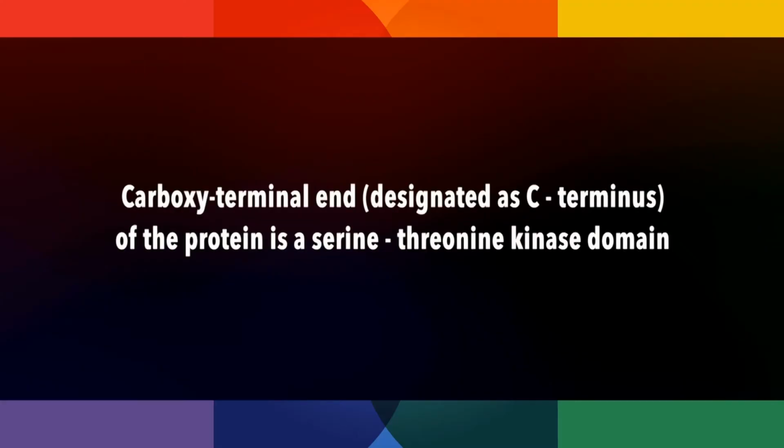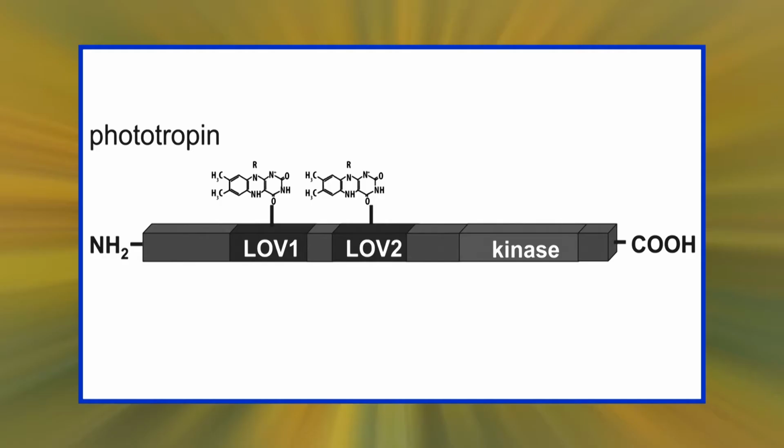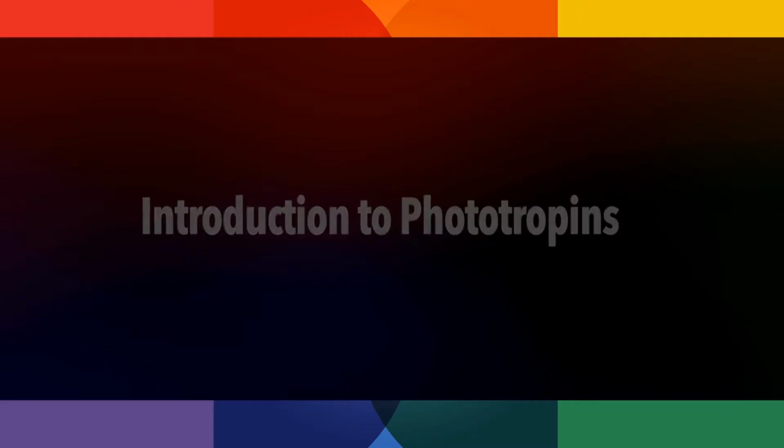At the carboxy terminal end, designated as the C terminus of the protein, is a serine threonine kinase domain. The photoexcitation of the flavin molecule adds a cysteine residue to the serine threonine kinase domain in the C terminus of the protein backbone, thus activating autophosphorylation of the enzyme.